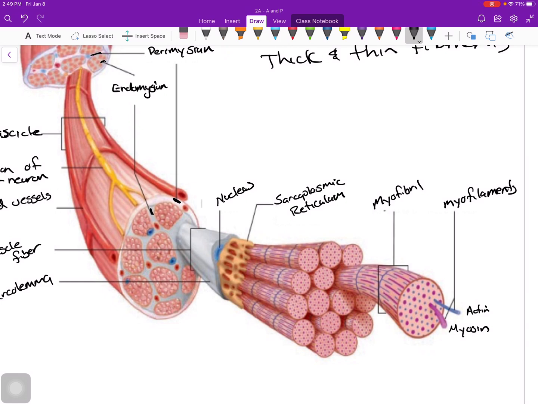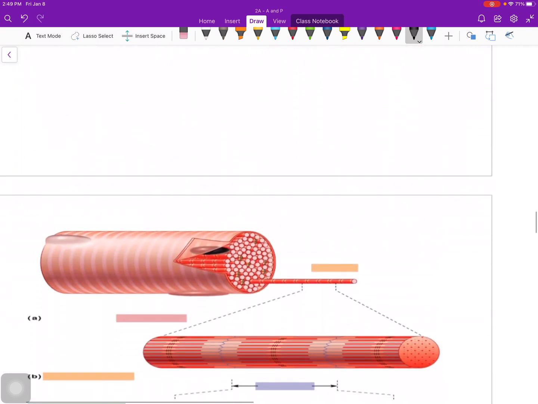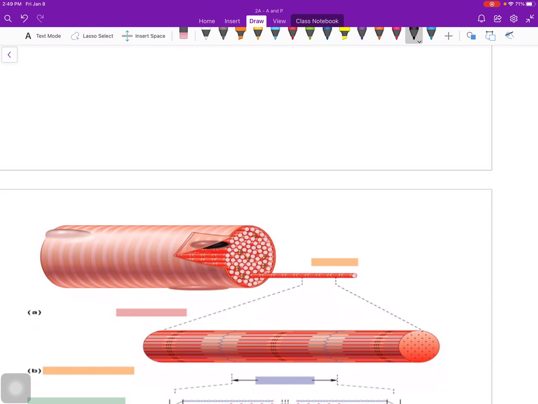Okay, so let's move forward. Now, we're going to go here, and we are looking at what is known as a segment of a muscle fiber. So this entire thing right here is a segment of a muscle fiber. All right, and you can see the multiple nuclei. This is a nucleus here, and there's another nucleus there.